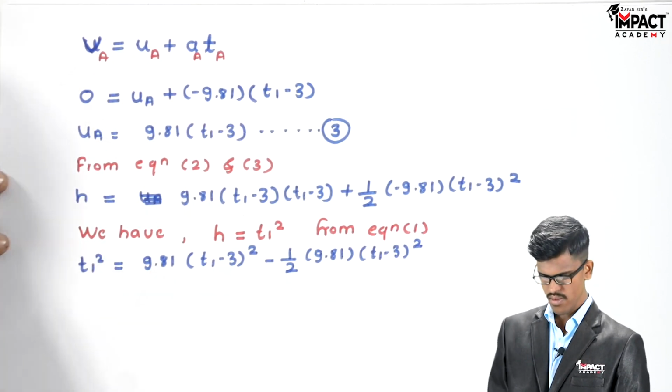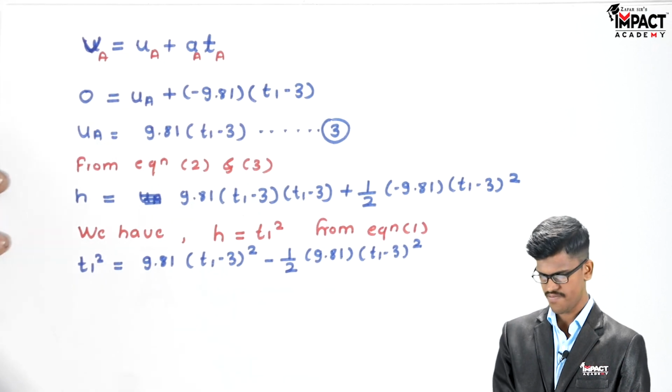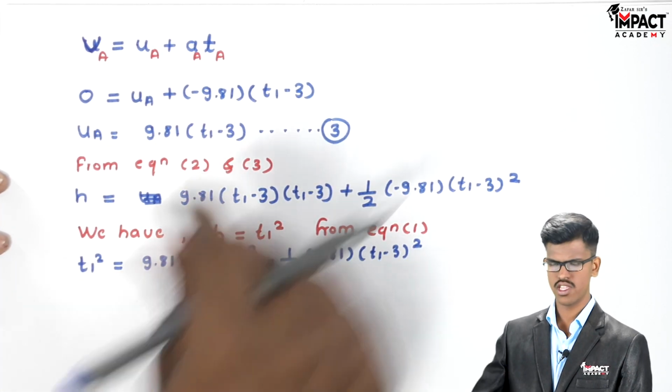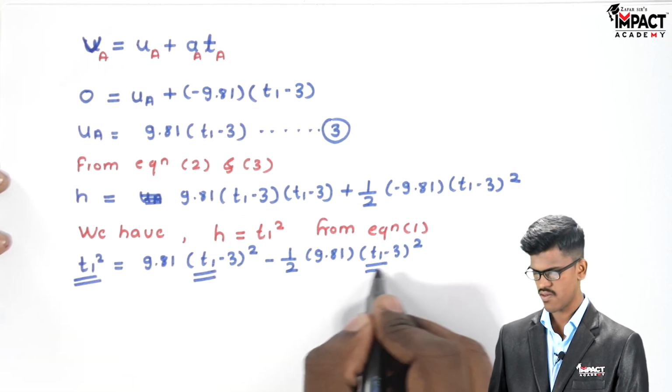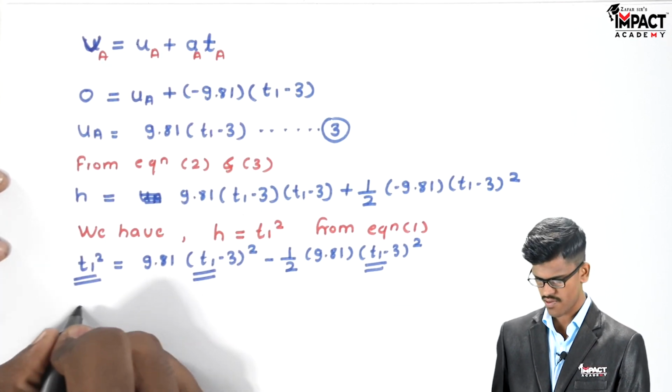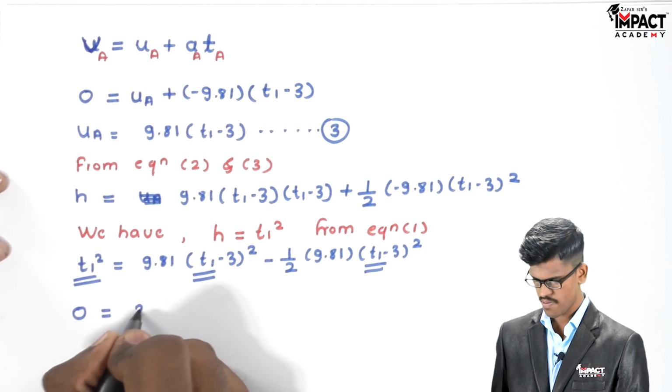If we solve this equation, there is only one unknown, t1. We get an equation equal to 0.